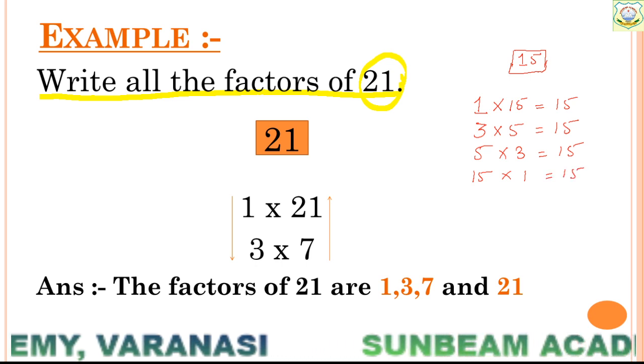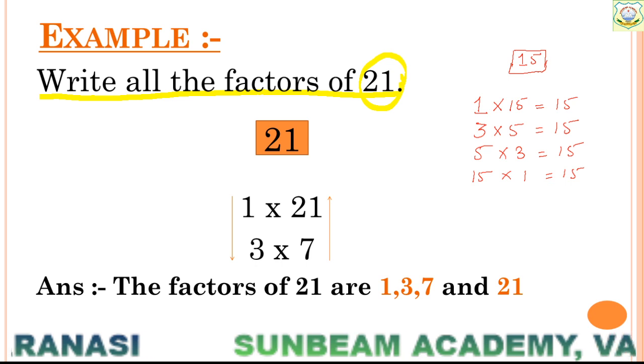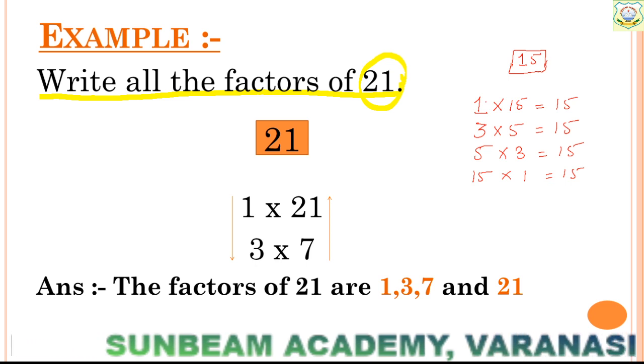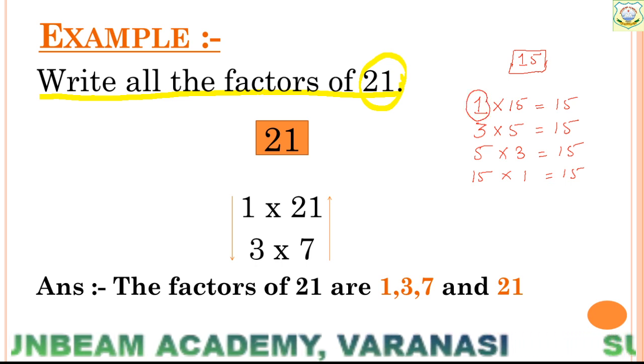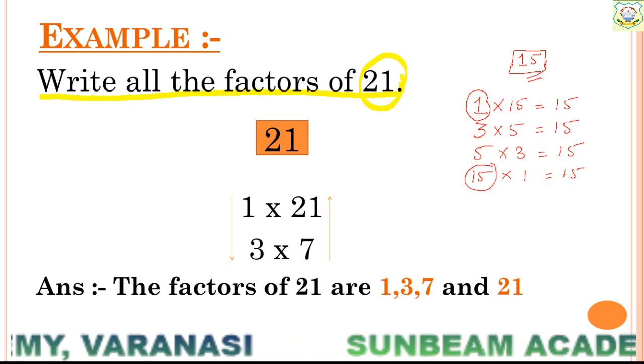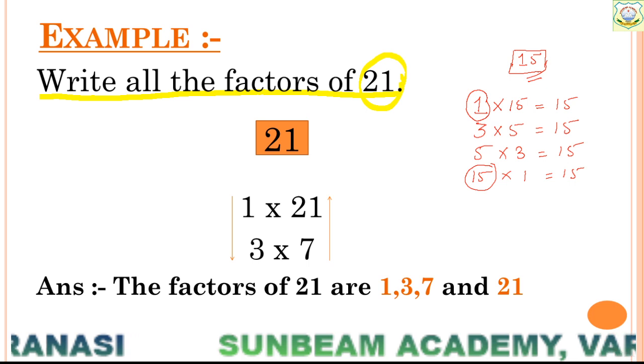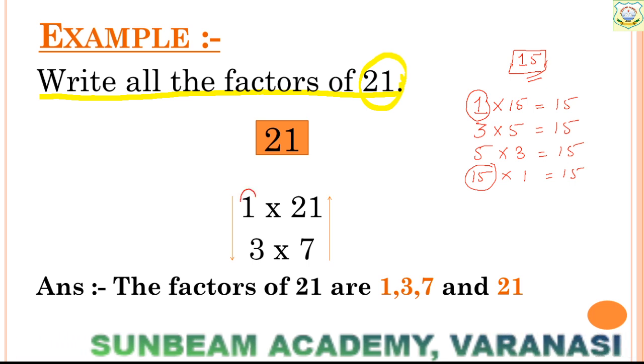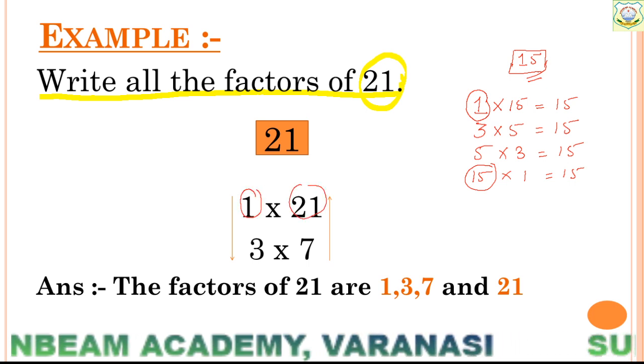Got it? So always remember that you have to find the factors from 1 to the number given here. 1 to 15. For example, here we have taken 21 as an example. So we have taken from 1 to 21.